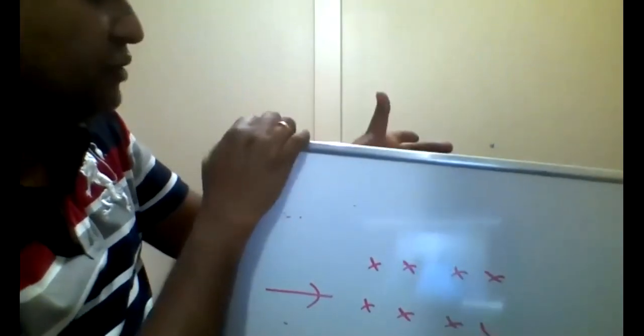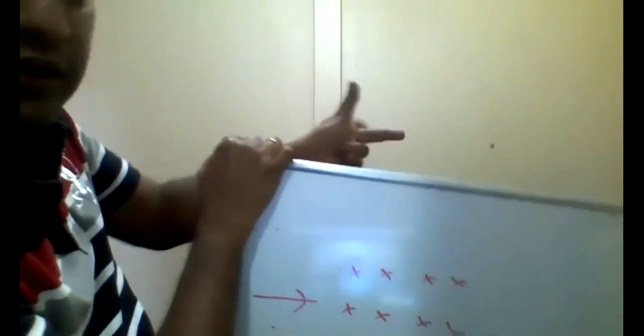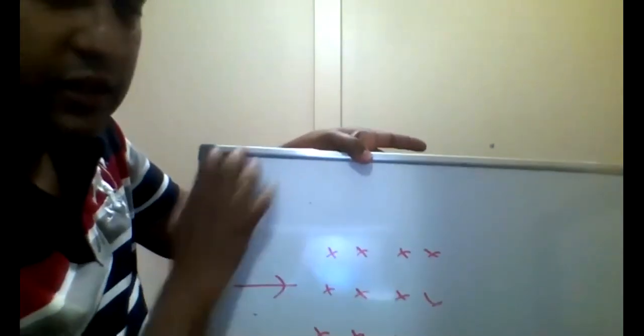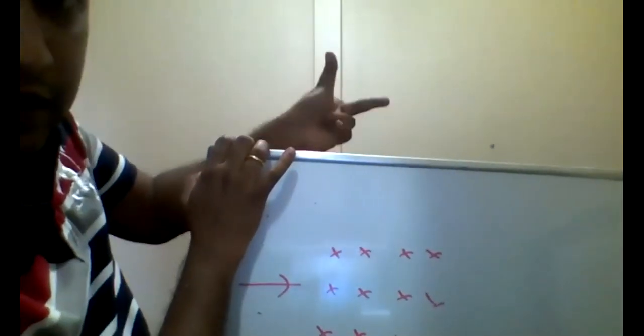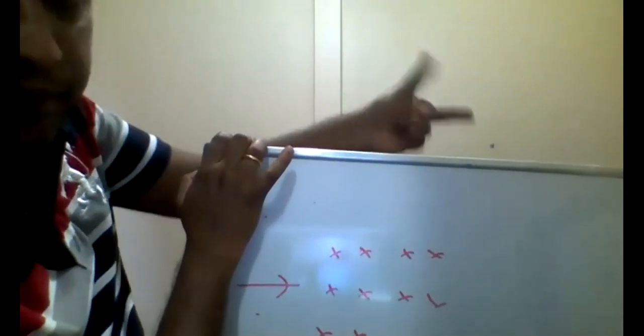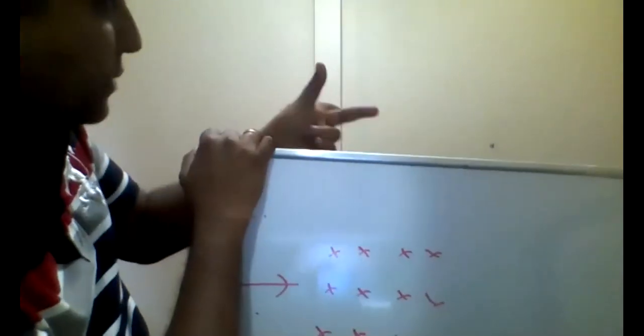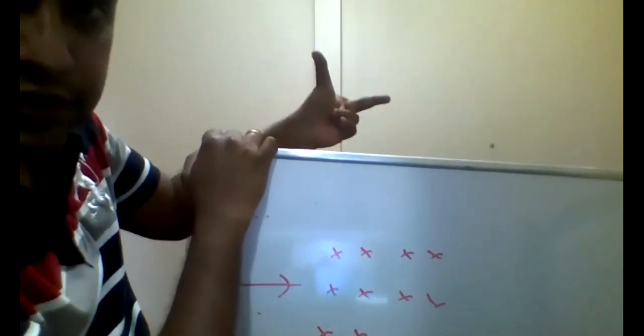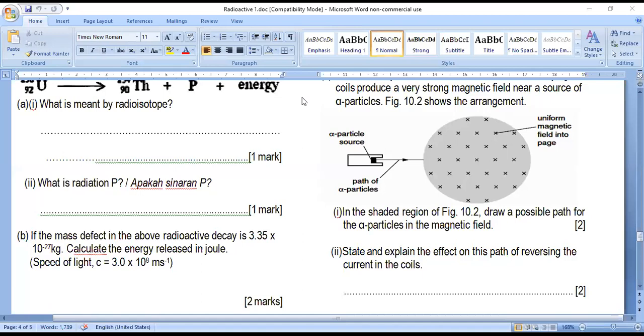So your finger must point inside this way. Use your left hand. The magnetic field is going into the page, that means the force is upward, so the alpha is deflected upward.